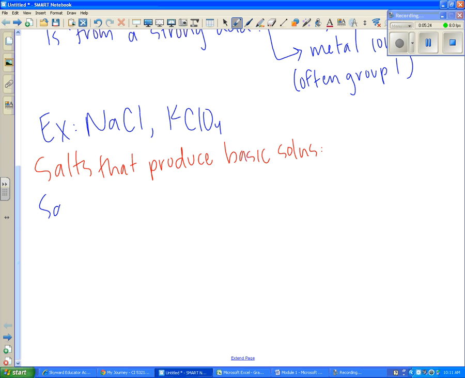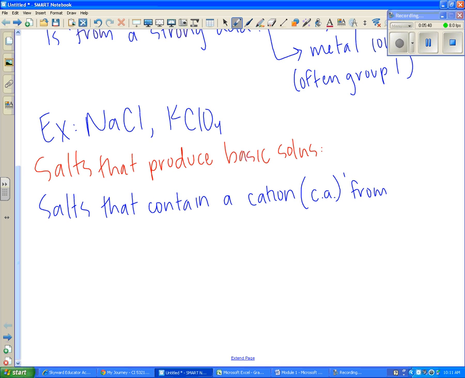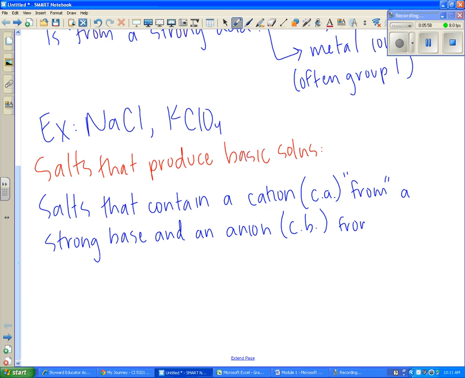These will be salts that contain a cation, which is a conjugate acid, from a strong base and an anion, which is a conjugate base, from a weak acid.